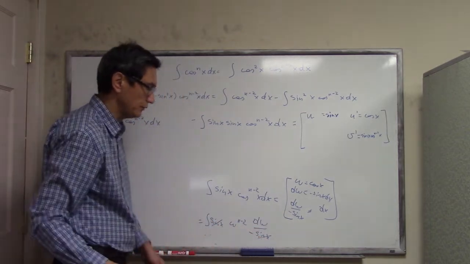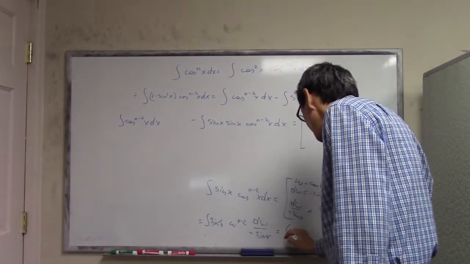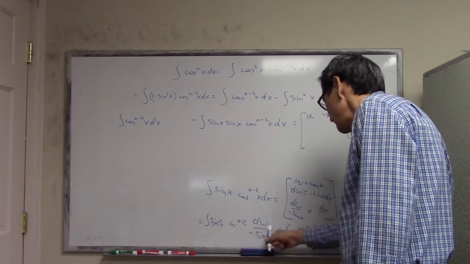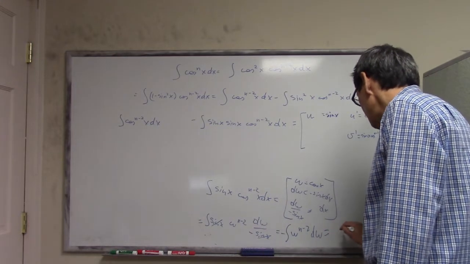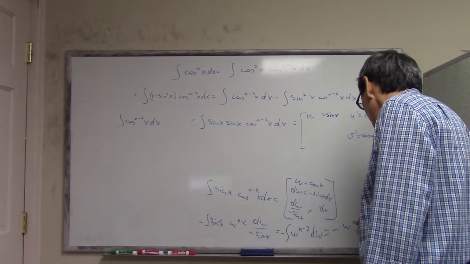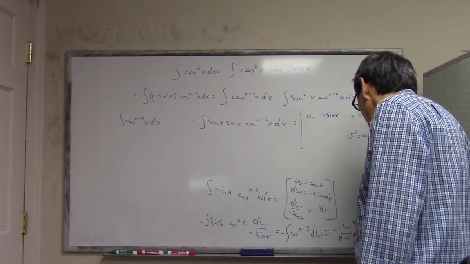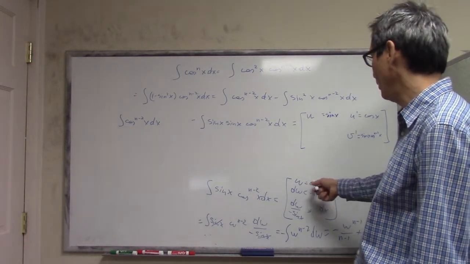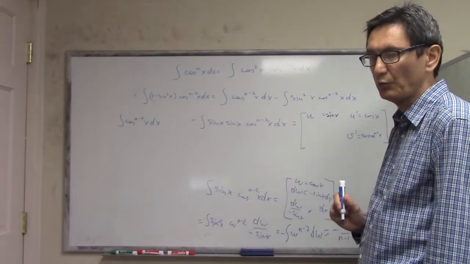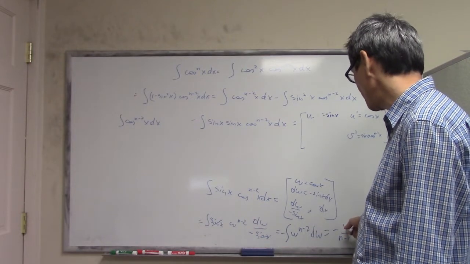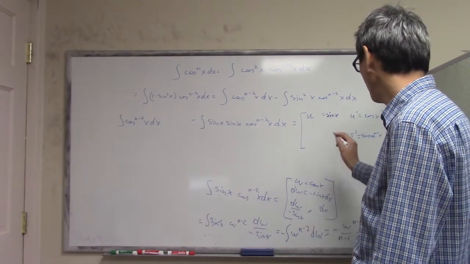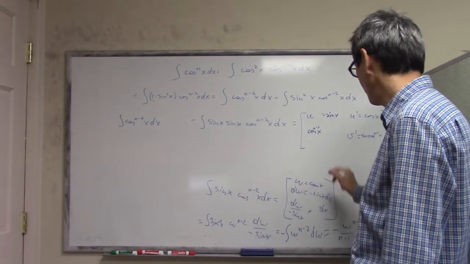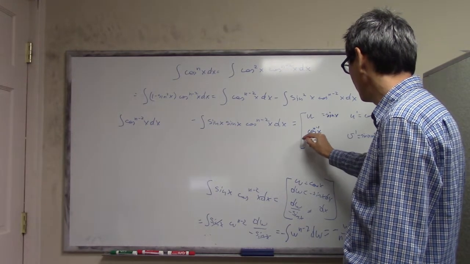Sine cancels out, so we have the integral of w raised to n minus 2 dw with a minus. So the final answer is going to be minus w raised to n minus 1 over n minus 1 plus c. Do back substitution, w equals cosine x, so I'm going to get minus cosine x raised to the n minus first power over n minus 1.